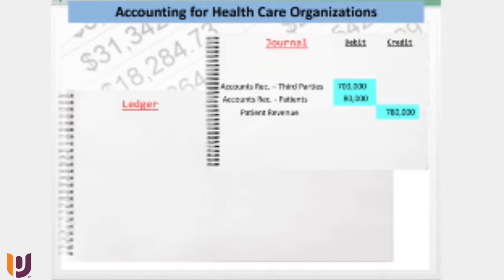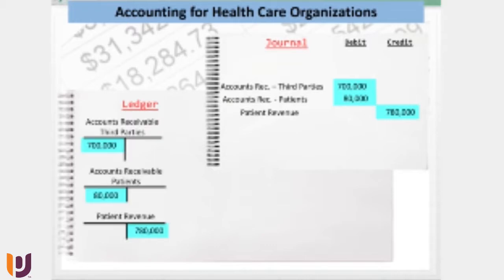You could record this amount as a $20,000 debit to receivable and credit to revenue, and then immediately reverse the entry, or not record it at all, which is what most hospitals do. Amounts are posted to the ledger.